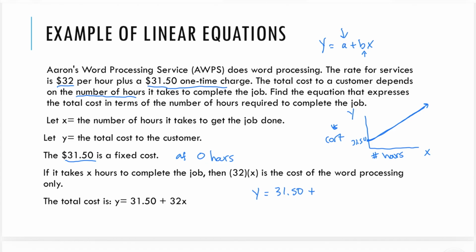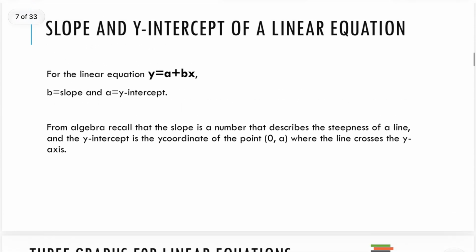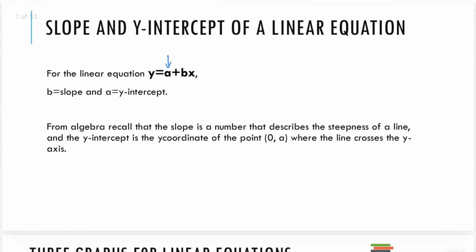So for every X, for every hour, it goes up by $32. And that's our equation. Again, the A is the y-intercept, the B is our slope.